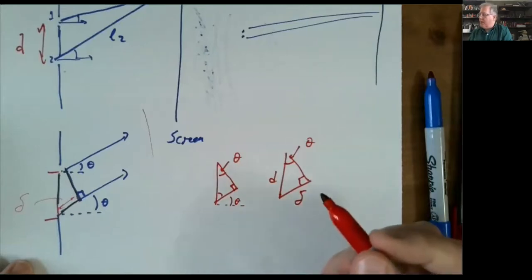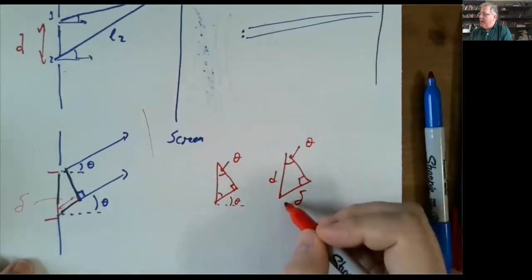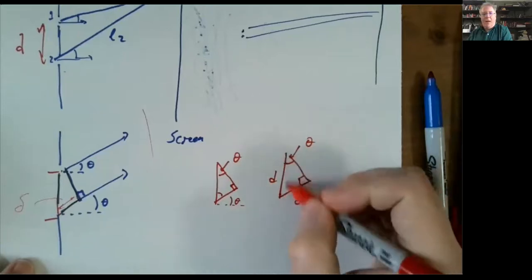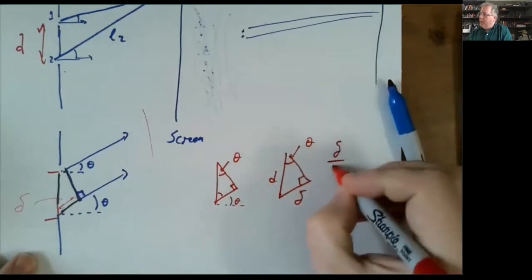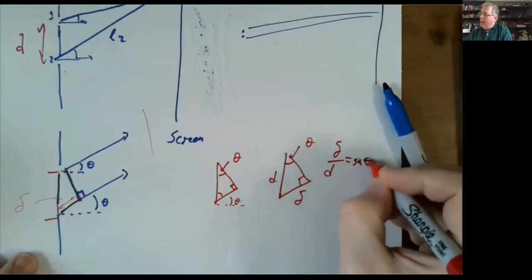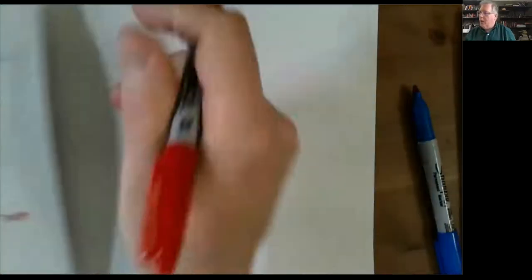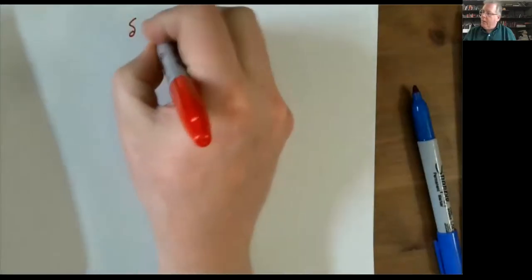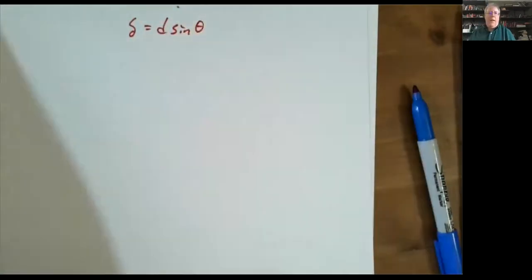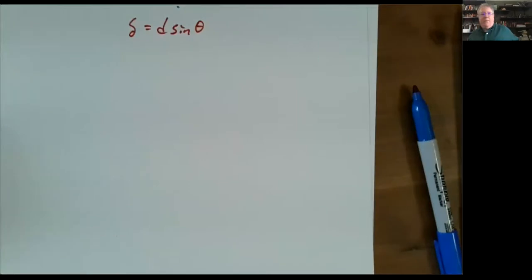Well, this is just trigonometry, right? This is the opposite side, and this is the hypotenuse. So delta over D is sine theta. Easy. So delta is equal to D sine theta, and that's the difference in distances between the two they have to go.